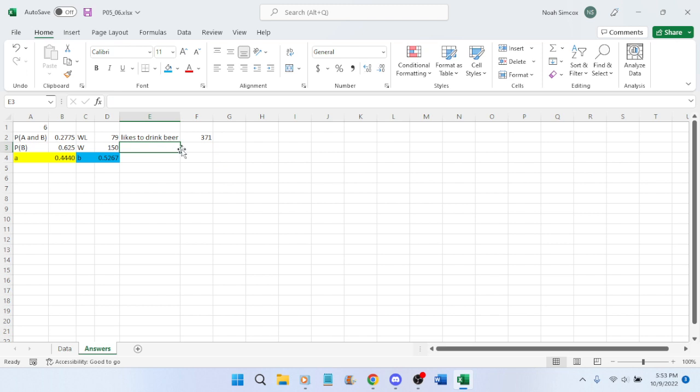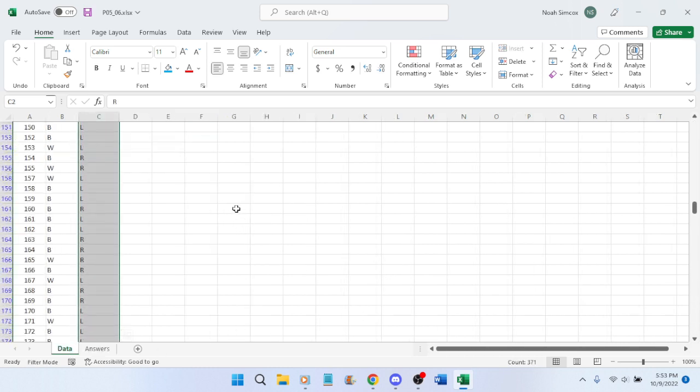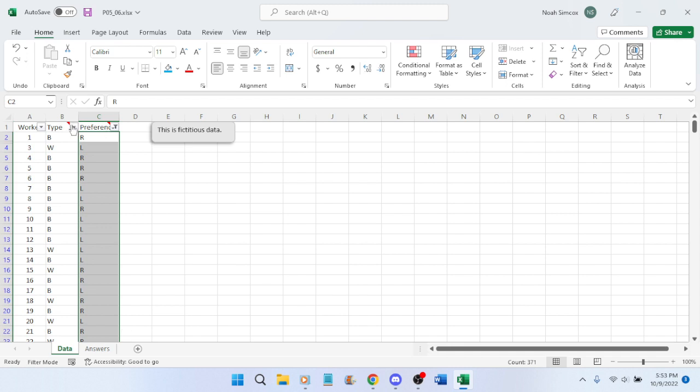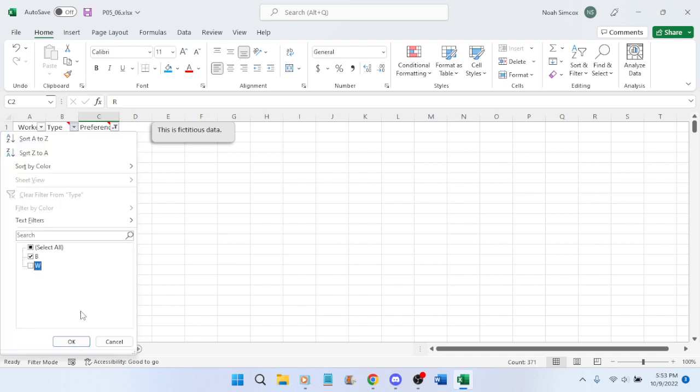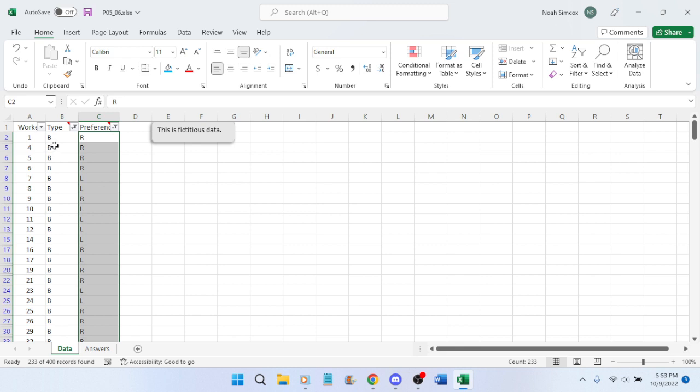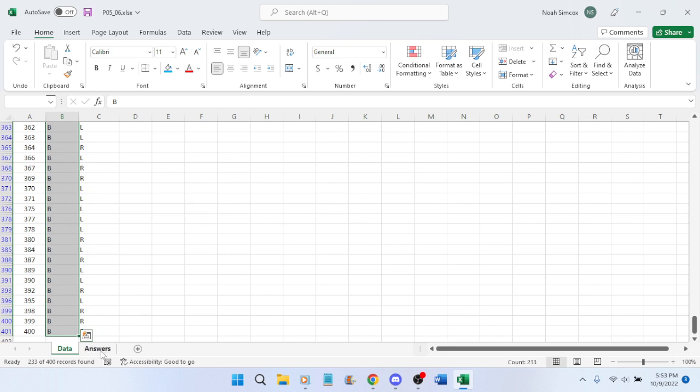Blue collar workers. The number of blue collar workers who like to drink beer. We have already filtered for the like to drink beer, so now we will filter for only the blue collar workers. So that should give us the total of 233.